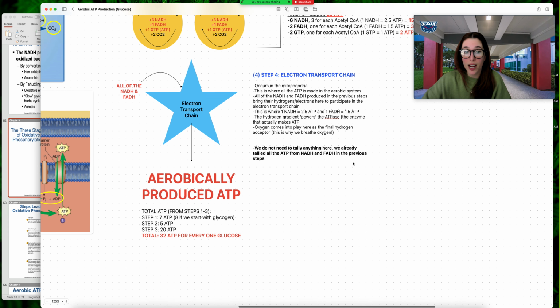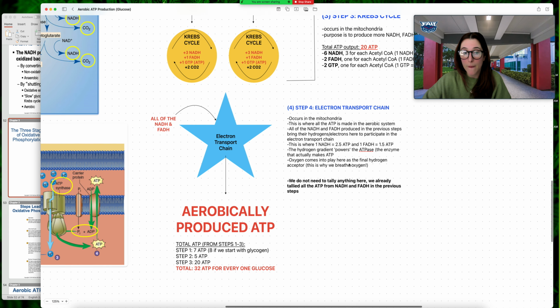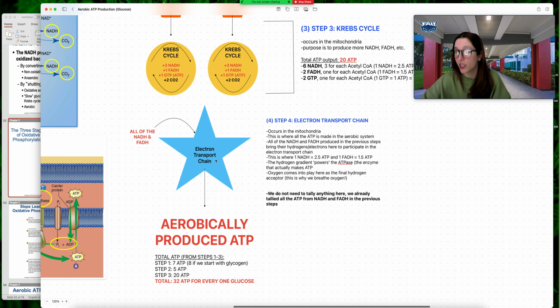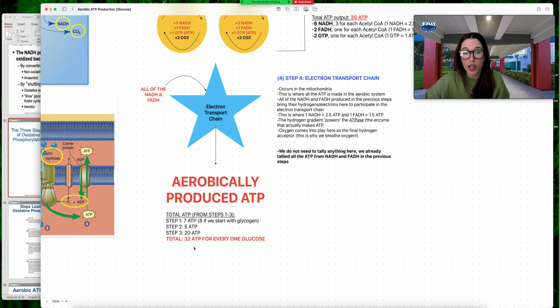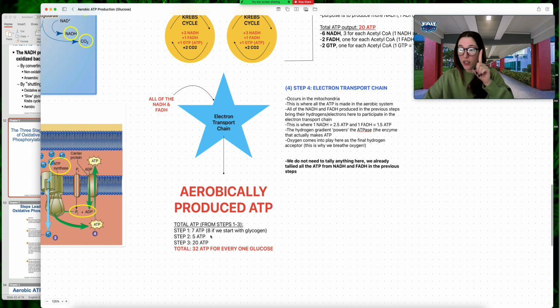So our grand total, right? And then all of that stuff goes to the electron transport chain, and that's where the ATPs are getting made that we tallied, right? So the grand total for every 1 glucose through all of these steps ends up being 32 total ATPs for every 1 glucose produced aerobically.